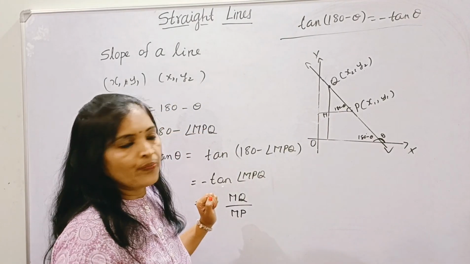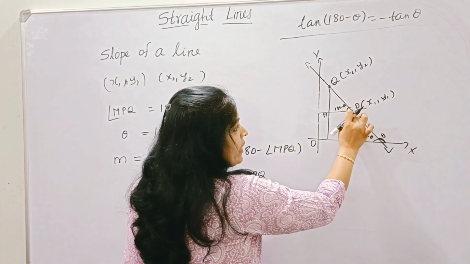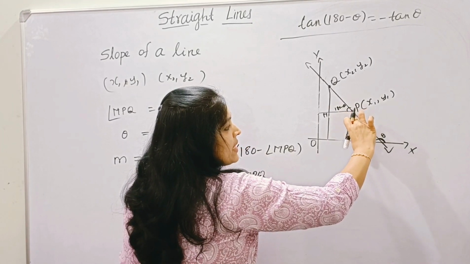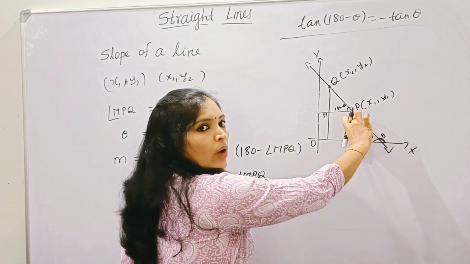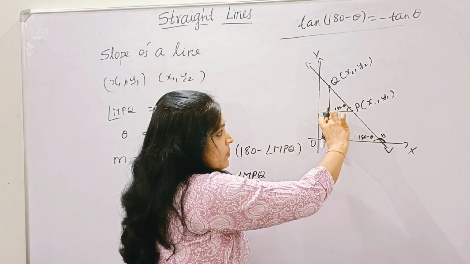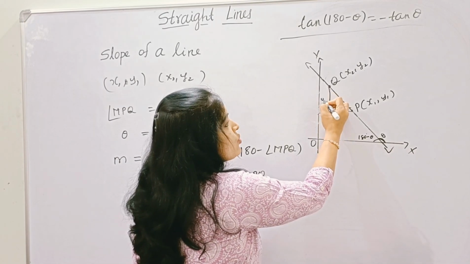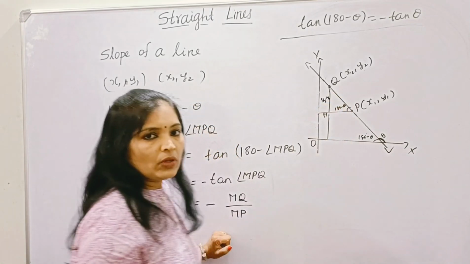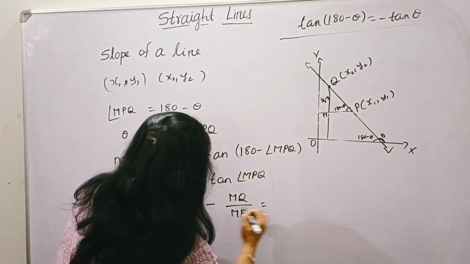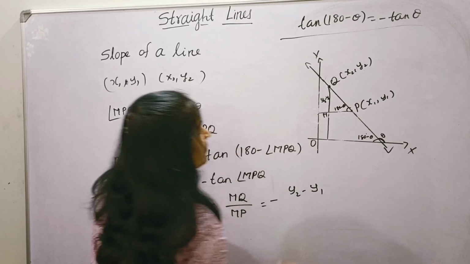And the point x1, y1 means from here to here it is y1. It is y2 and it is y1, so it is nothing but y2 minus y1. So here we can say MQ is y2 minus y1.